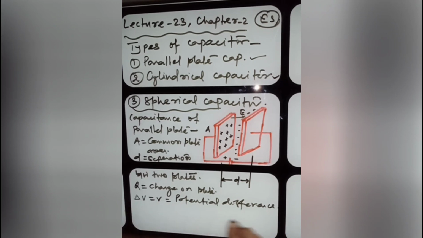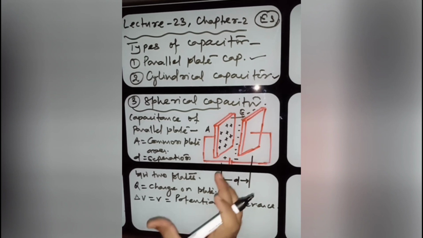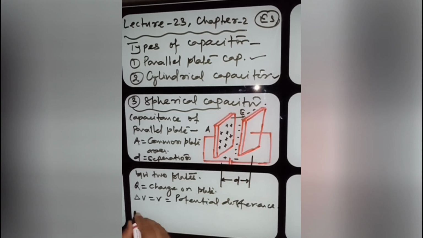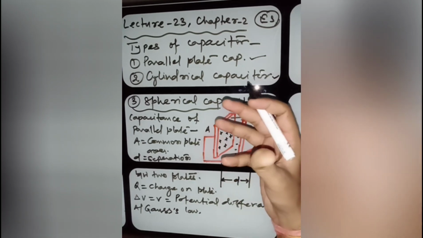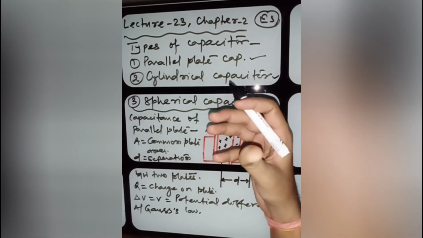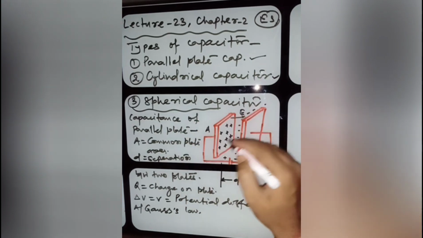Now, my dear students, as I told you, to find the electric field we apply Gauss law, or the Gauss theorem. To apply the Gauss theorem, you have to enclose the plate.